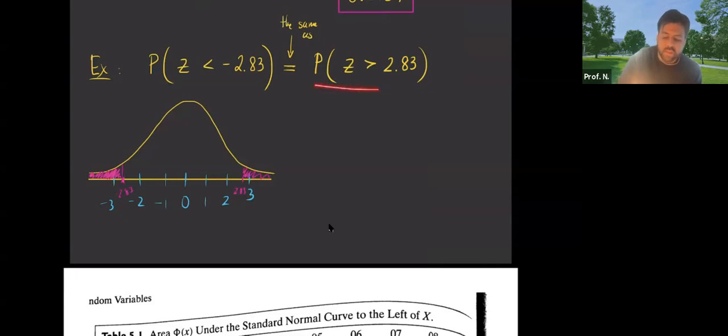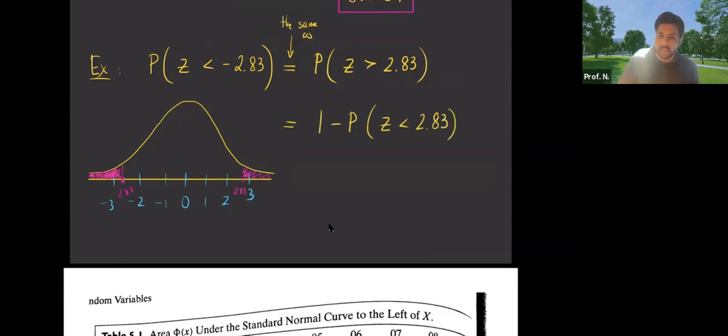But don't we know how to treat this? Don't we know how to take care of this? When we have an area to the right of a positive z value, what would that be? This would be 1 minus the probability to the left of 2.83.